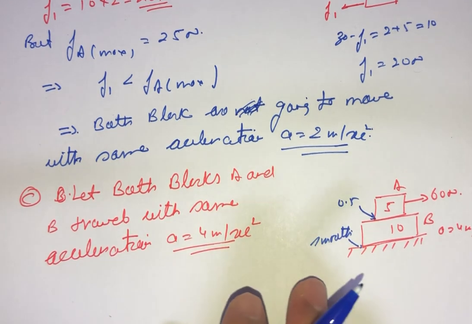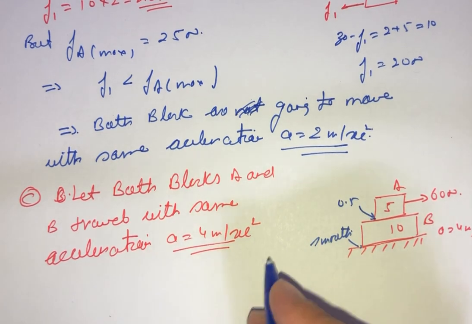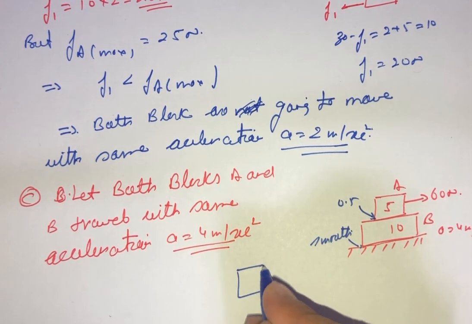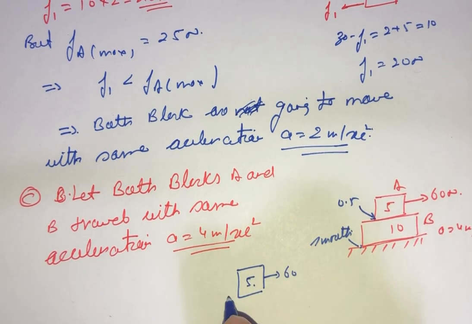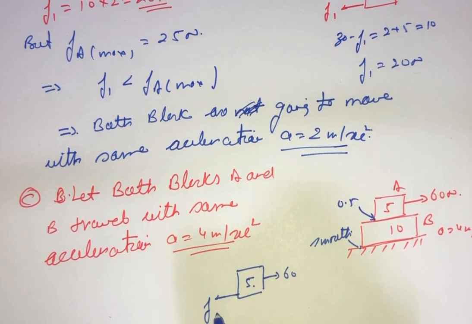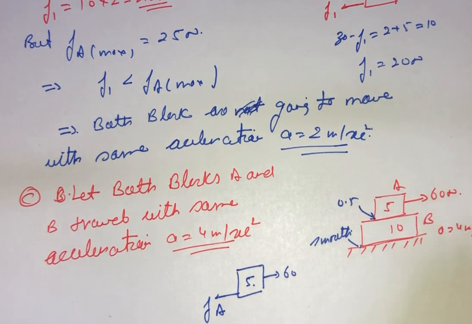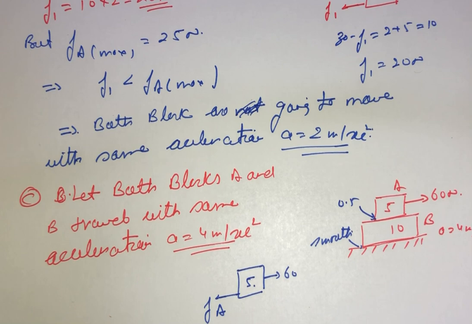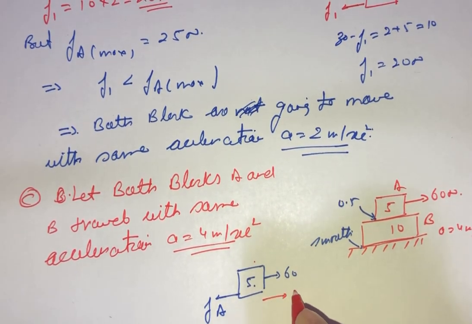So let's consider individually both the blocks and find out the frictional force. So we have 5 is 60, and let us call this FA, and this will be traveling with the acceleration of 4.